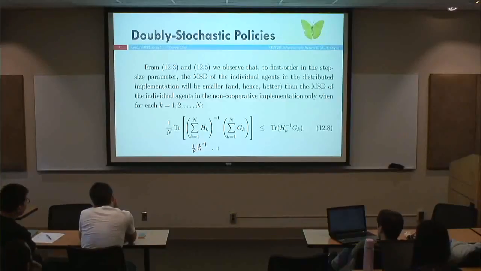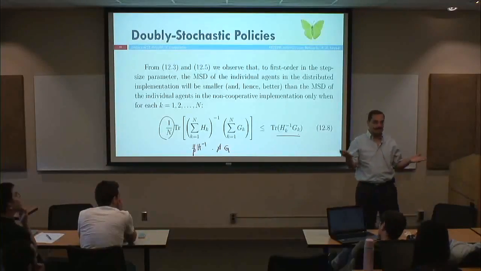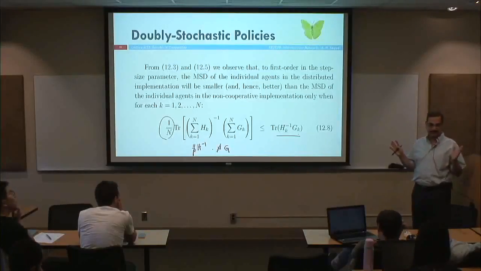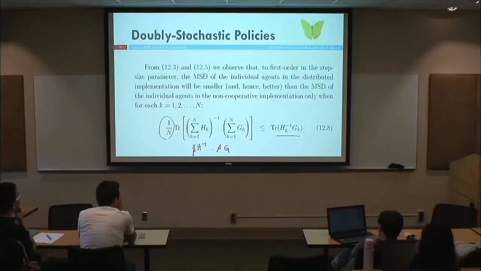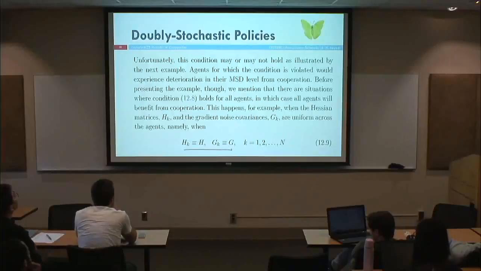N G, so this cancels that. And you have an additional 1 over n multiplying the trace of H inverse G. So there are cases where this holds even for a doubly stochastic network, but not in general. Fine? Very good. So that's what I'm talking about here.